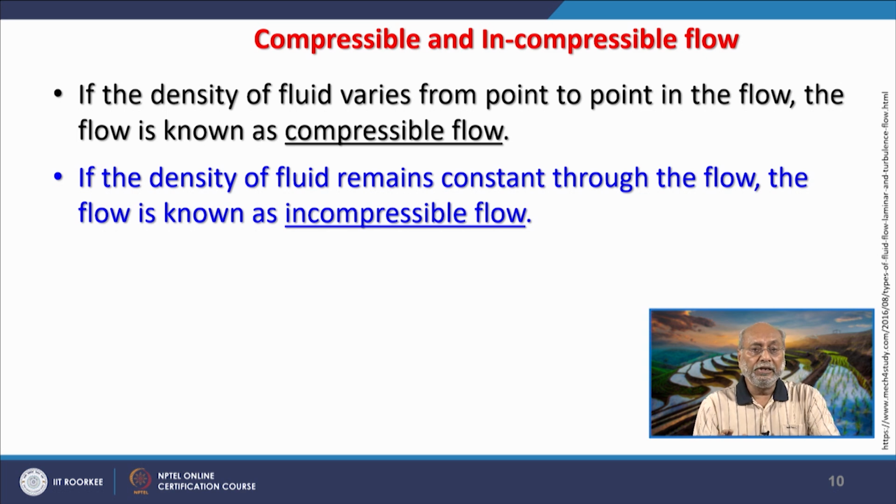If the density of fluid remains constant throughout the flow, then the flow is known as incompressible flow. When density is changing, the fluid is getting compressed, and therefore this kind of flow is called compressible flow, and if it is not changing, then incompressible flow.